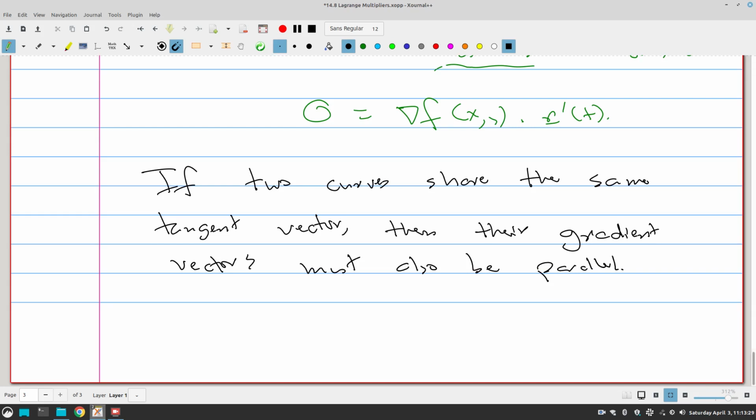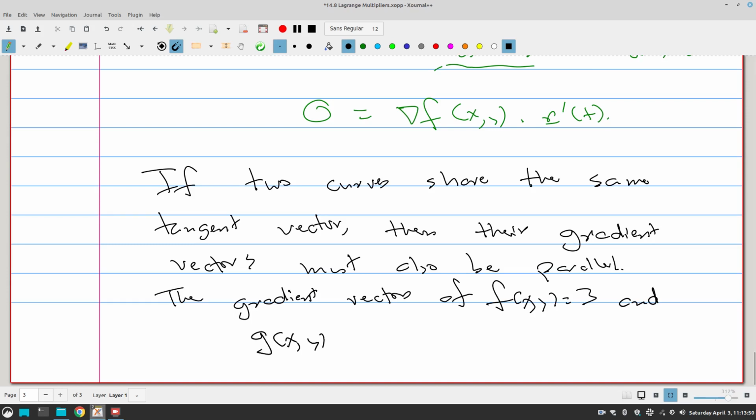Now, f and g, they share the same tangent vector, so that tells me that the gradient vectors of the curves f of x, y equals c and g of x, y equals k are parallel.